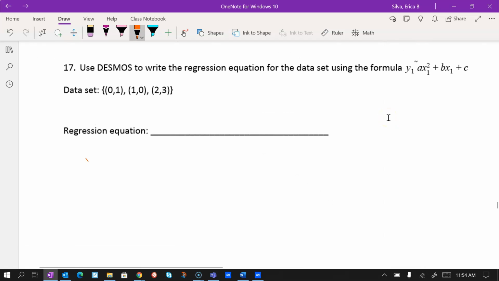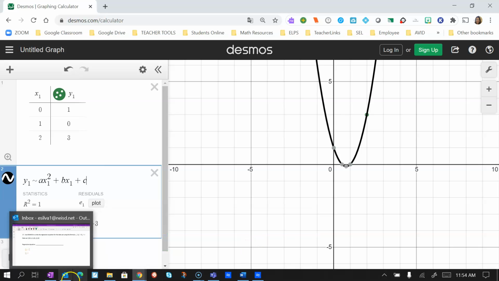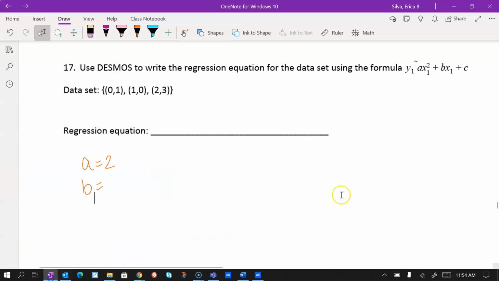So my a is 2, my b is -3, and my c is 1. So we're going to write our equation f of x, or y, is equal to, remember standard is ax squared plus bx plus c.